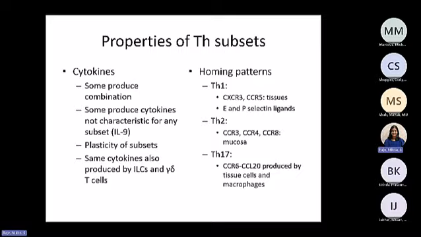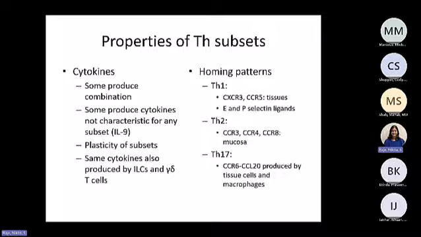And then again, where these cells end up depends on their function. Where are they needed? So the homing patterns, remember we talked about this concept, the cells home to a tissue based on what kind of chemokines and chemokine receptors are present. So Th1 cells express CXCR3 and CCR5. That leads to them homing to some of the tissues, and they also use E and P selectin ligands.